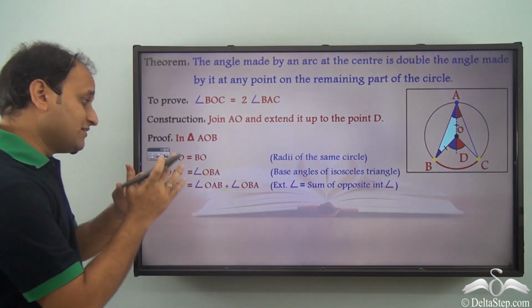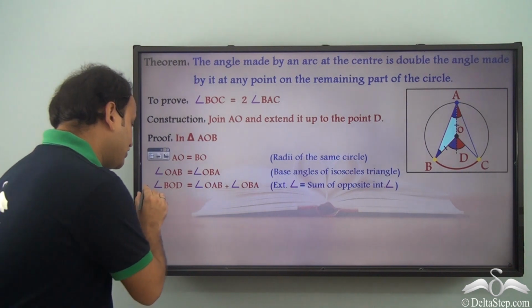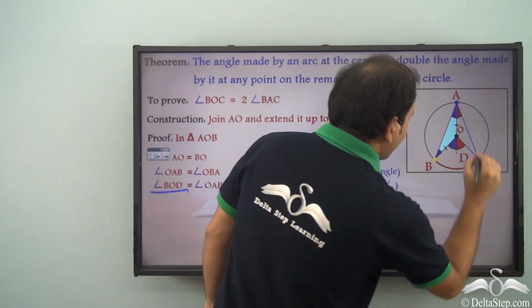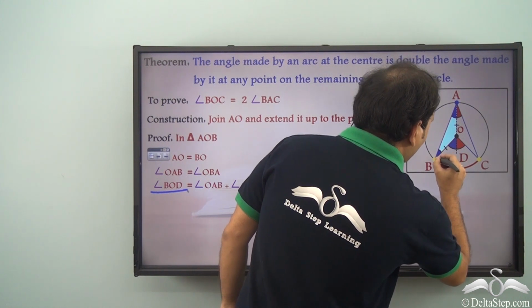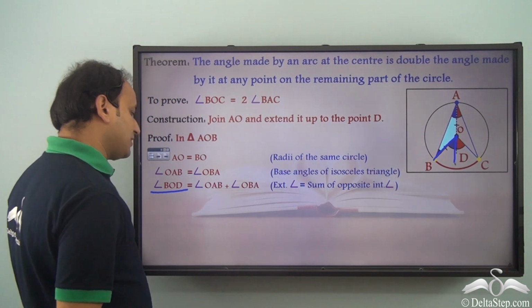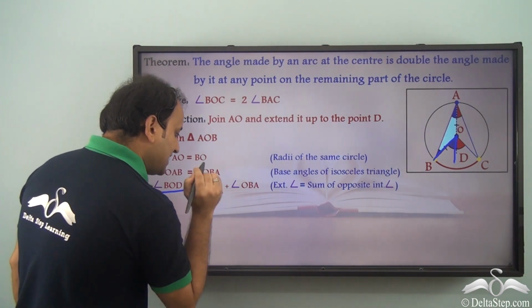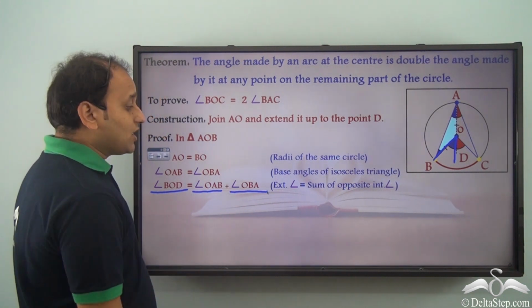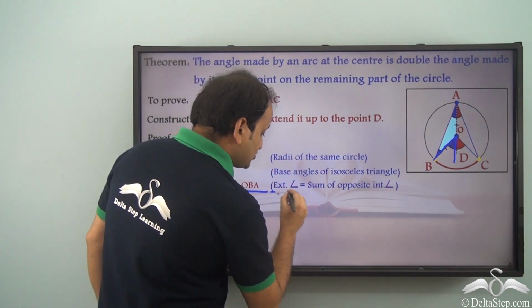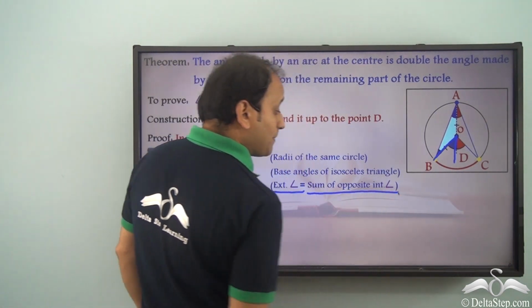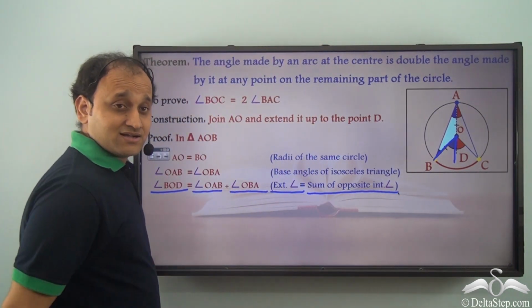Now, another important thing is that when we talk about angle BOD, this angle can be written as OAB plus OBA. Why do I say so? Because an external angle is always equal to the sum of the opposite interior angles.